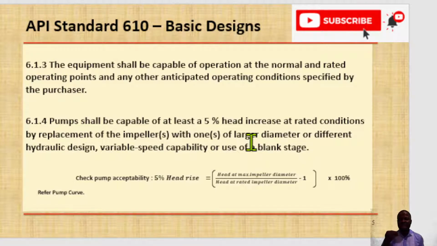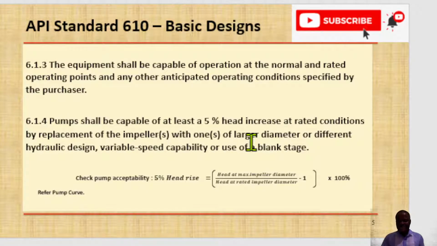Now the question is, how do you check whether a pump is capable of at least a 5% head increase? There is an expression which you need to follow when you receive a particular pump curve from a vendor.